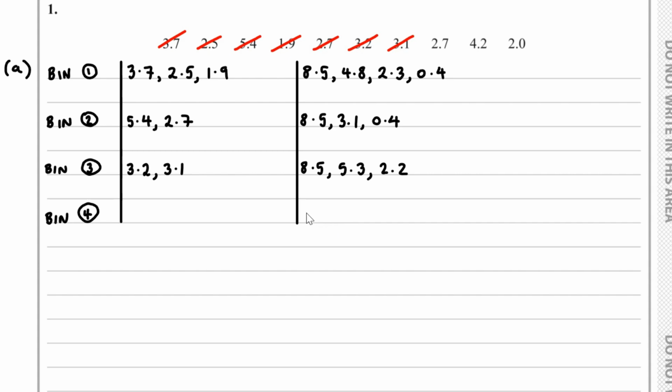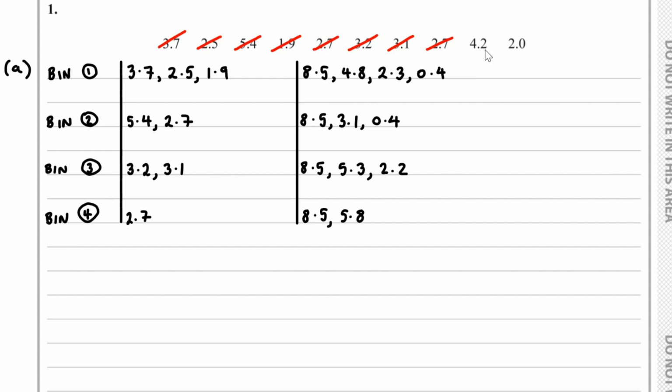Bin number 4 has space 8.5 to begin with. And if we put the 2.7 into it, the space remaining, 8.5 take away 2.7, will be 5.8. So the space remaining in bin number 4 is 5.8. Let's mark this off.